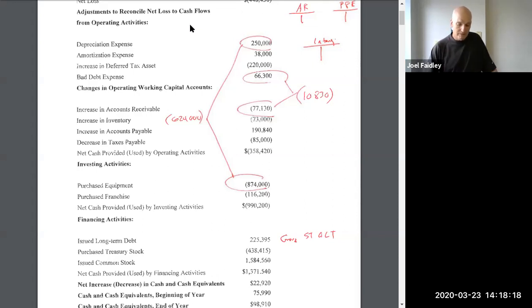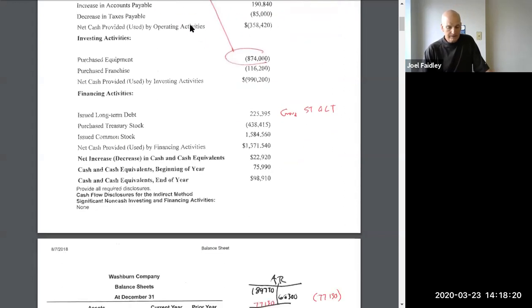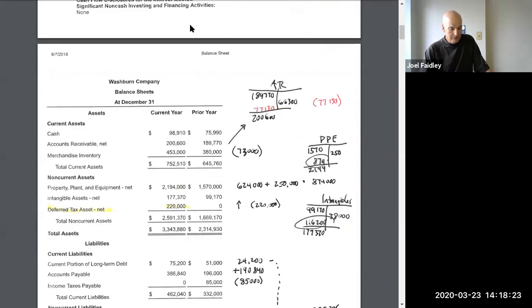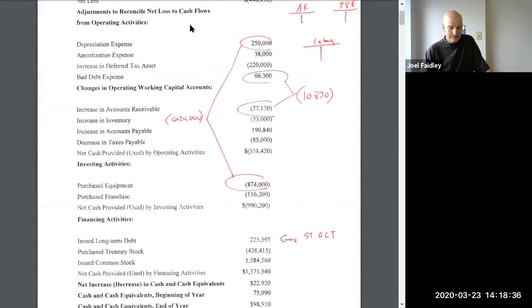All right, the inventory is a little bit easier. Let's go down there and look at that. Merchandise inventory went from $380,000 up to $453,000. So that is an asset that's gone up, and that's $73,000. Since my asset went up, it's going to be a negative.